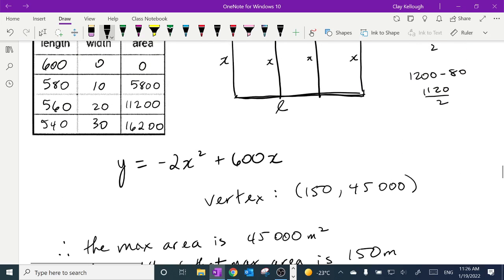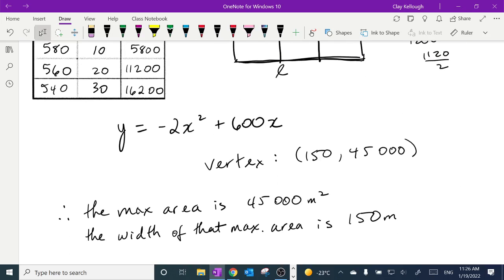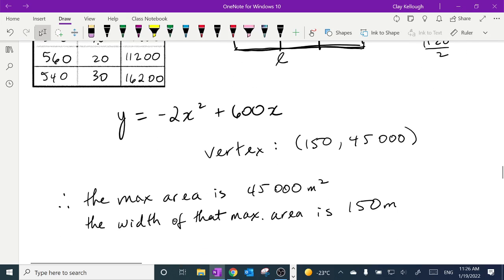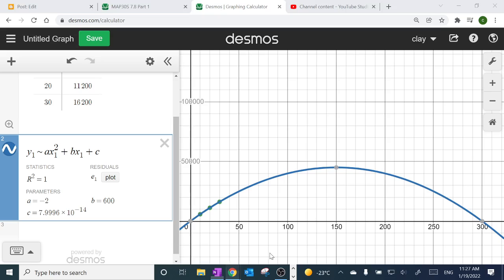What are you thinking? Just add the 150 together. Not quite. How did I go from this 10 to this 580 again? What are your thoughts? Let's look at Desmos. If we look at the x-intercept, it is 300.